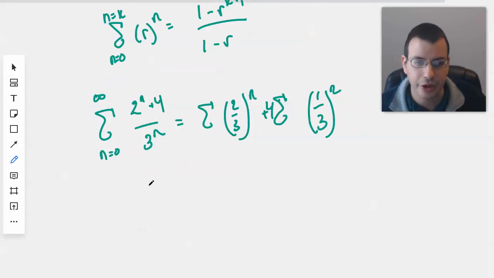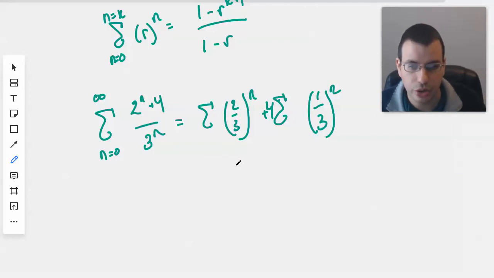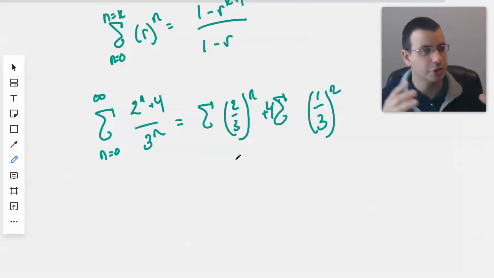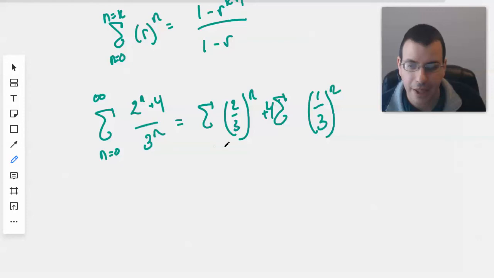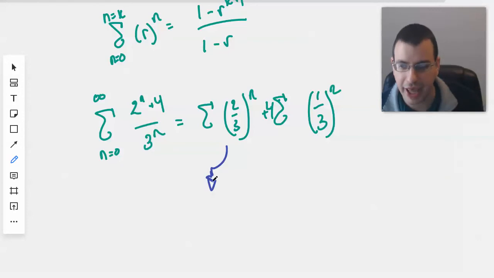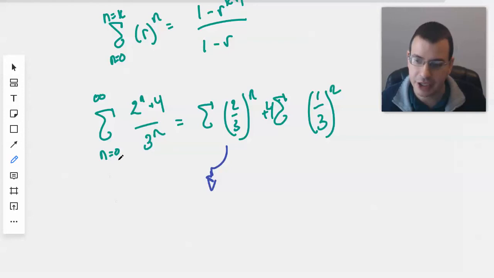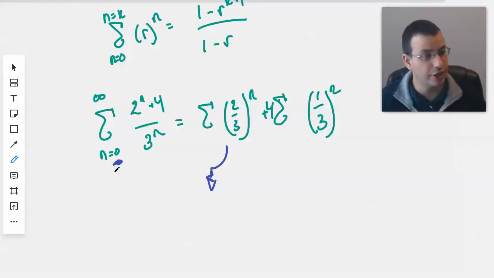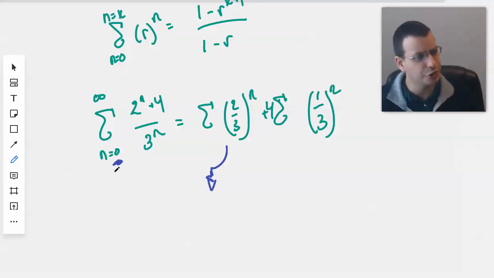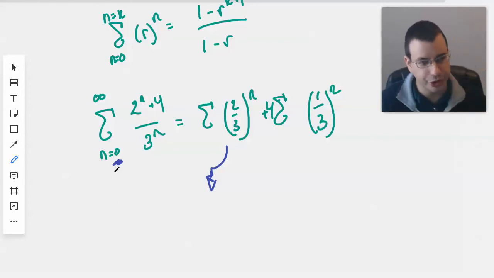So now we have basically two geometric series that we're going to add together. Another key point to keep in mind is that n has to be 0 down here. Sometimes you'll see n equals 1 or n equals 2 or 3.